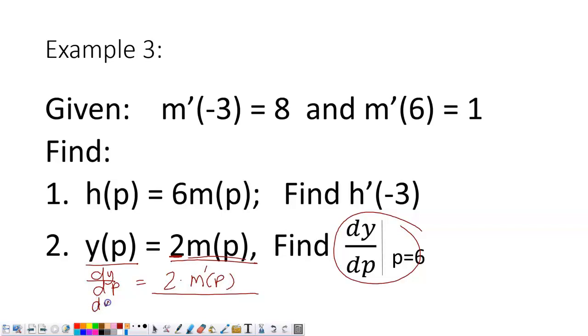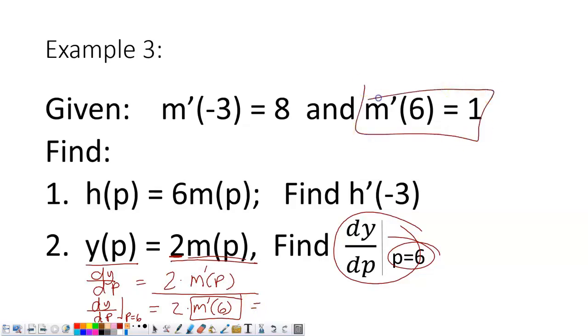Now they want me to go one more step and actually plug in 6. Okay, so now what do we do? We're not quite done yet. We can replace it with 1, because up here we know that m prime of 6 is 1. And the final answer would be 2.